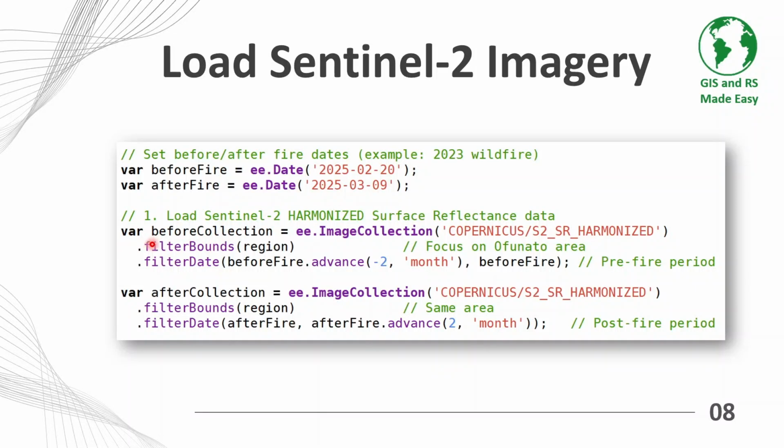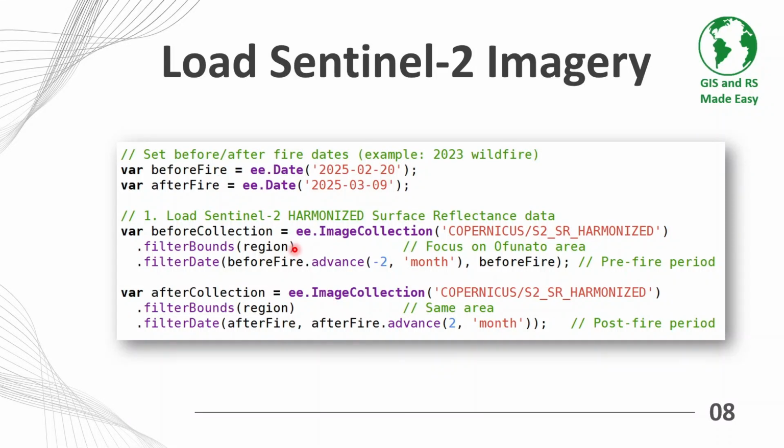First, we will make an image collection named before collection, and we will use the ee.ImageCollection function. The image collection will be the European Space Agency Copernicus Sentinel-2 surface reflectance harmonized dataset, and we will filter the images with our region geometry.